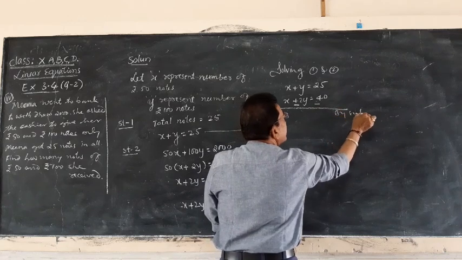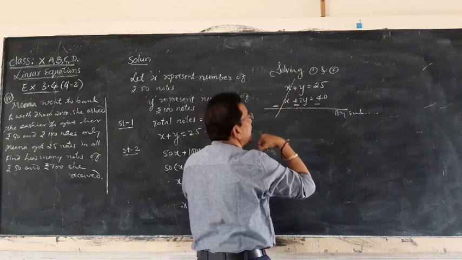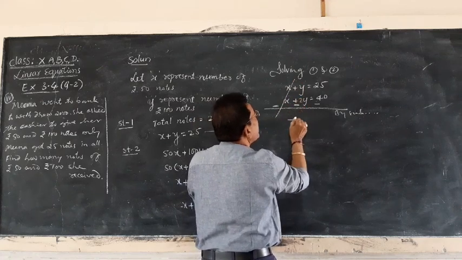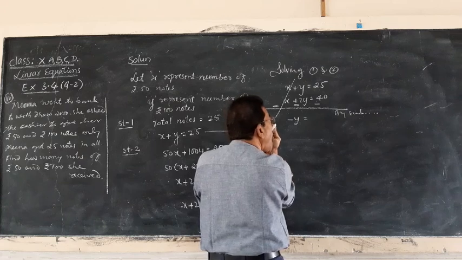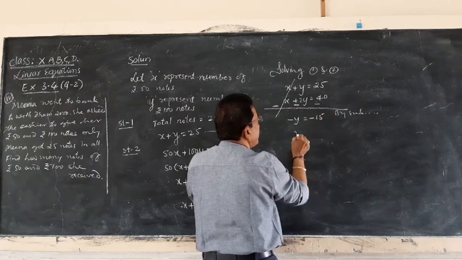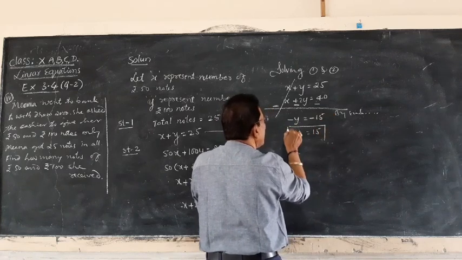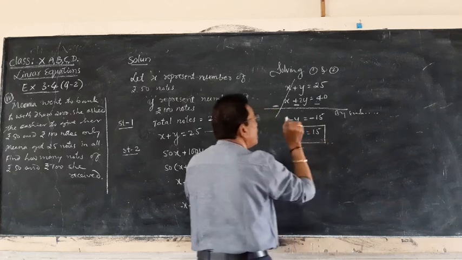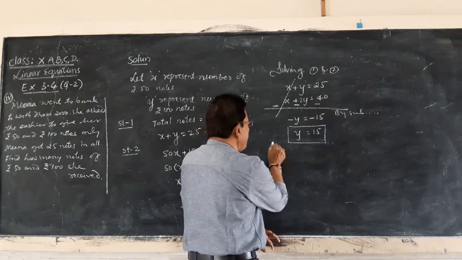By subtracting, x minus x gets cancelled. It is minus y equals minus 15. Therefore, y equals 15.